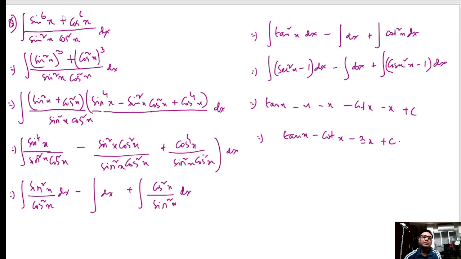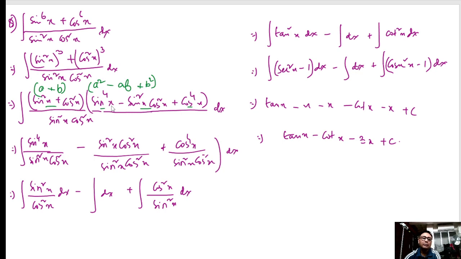Okay friends, now we are writing this sin 6x plus cos 6x as sin square x whole cube plus cos square x whole cube. Now this is a cube plus b cube, which is a plus b into a square minus ab plus b square. Now sin square x plus cos square x is 1.